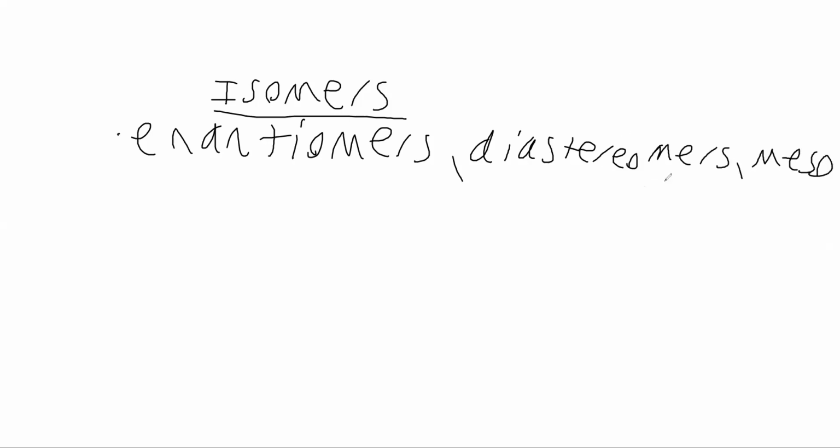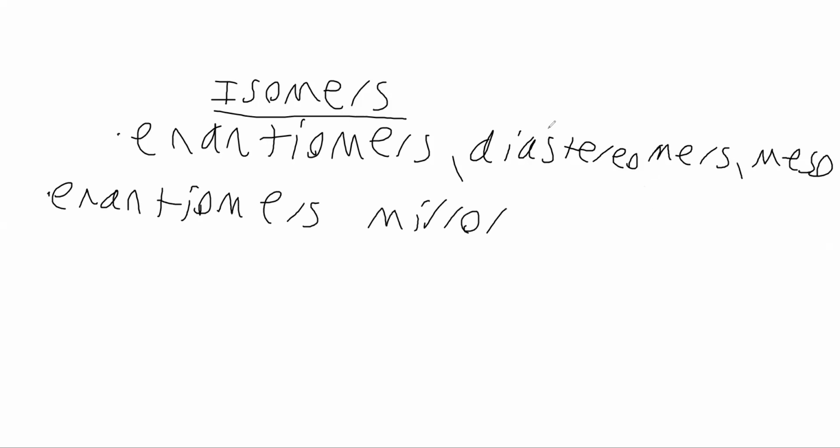So enantiomers, diastereomers, and meso compounds are all the things that were introduced in chapter 5. And we can distinguish between different isomers in a couple different ways. So first, enantiomers are non-superimposable mirror images. That's their definition.